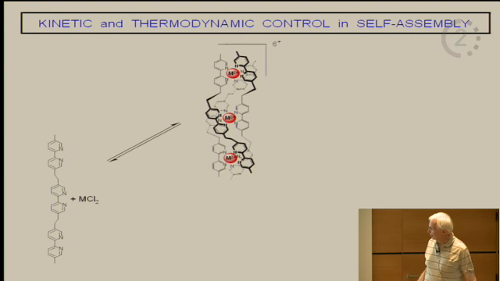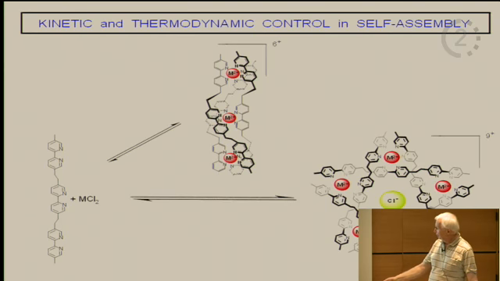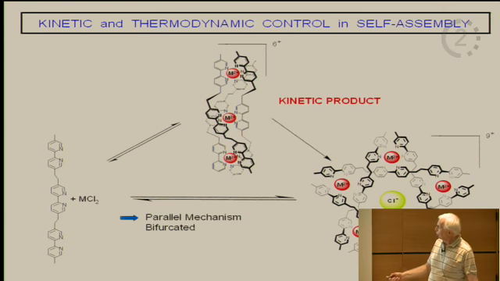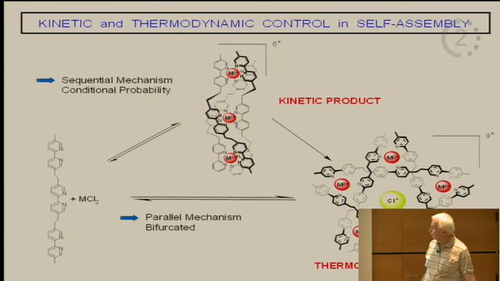So what happens is that the first step is the formation of the triple helix. And when you wait long, you get this, which means that you have perhaps a bifurcated mechanism, or the kinetic product can also transform into the final one, into the thermodynamic product. We don't know exactly what the mechanism is, but what we know is that it's a sequential mechanism.